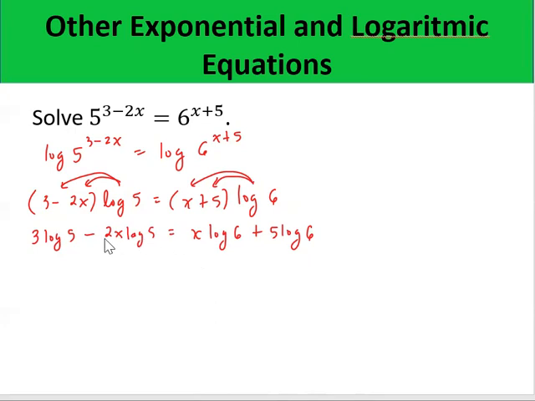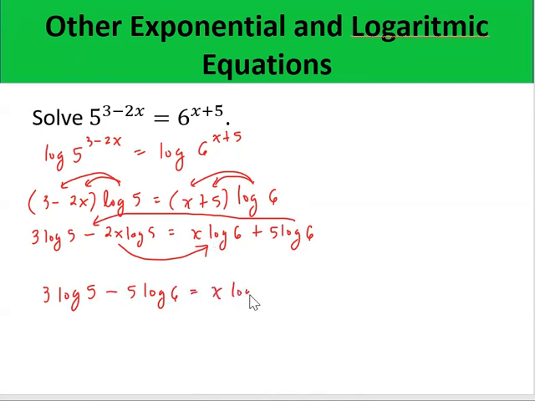So in this case, we can transpose this negative 2x logarithm of 5 to the right side and then transpose the 5 logarithm of 6 to the left side. So we get 3 logarithm of 5 minus 5 logarithm of 6 equals x logarithm of 6, and then this will become positive 2x logarithm of 5.